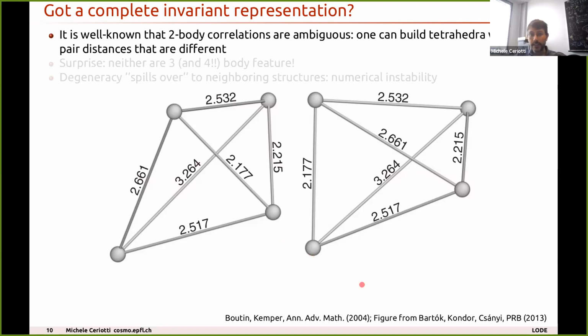You can take the set of distances between a group of atoms and build two structures that are different but have the same set of distances, since you are not specifying which atoms are connected by a certain distance.